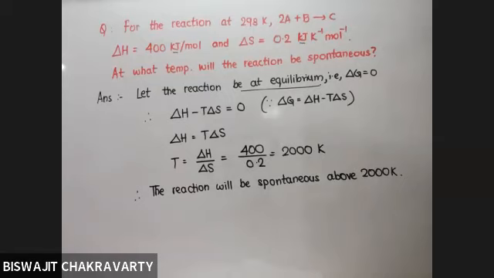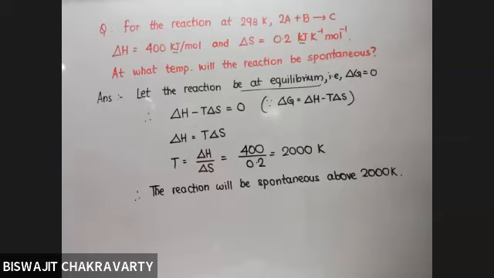The reaction will be non-spontaneous, isn't it? Yes, sir. Exactly at 2000 Kelvin, the reaction is at equilibrium. Delta S is supported by temperature and delta S is favorable. So temperature should be supporting the delta S. Therefore, we should increase the temperature. So above 2000 Kelvin, the reaction will be spontaneous. Understood? Yes, sir.